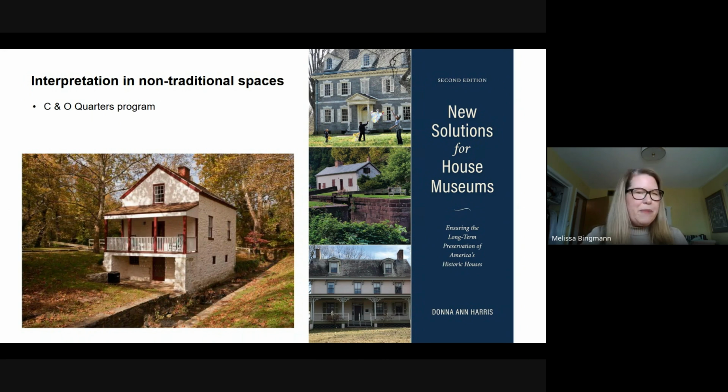And to me, one of the best examples of finding an alternative solution that interprets a place but is not a house museum is the C&O Canal National Historic Park. This historic park was established in the 1930s, a time when people were just starting to think about national parks as historical parks.